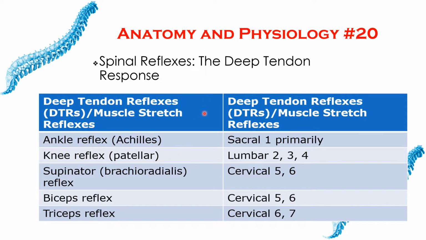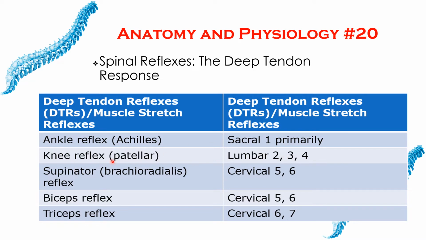So you have to learn the segmental levels of the deep tendon reflex. They can be remembered by their numerical sequence in ascending order from the ankle to the triceps. For the ankle reflex, it is sacral 1 primarily.